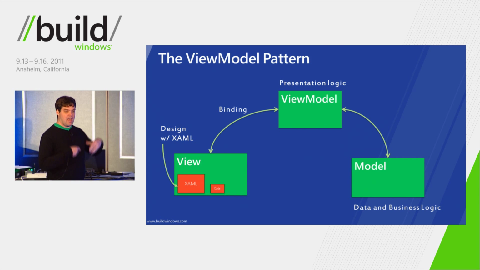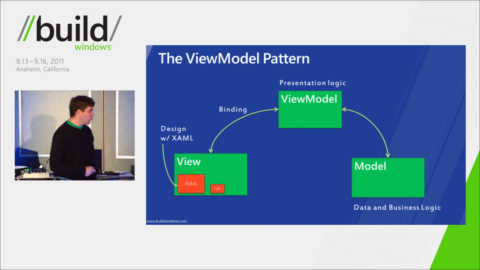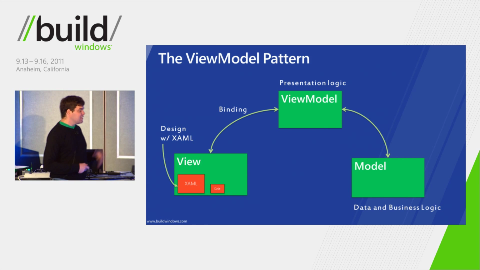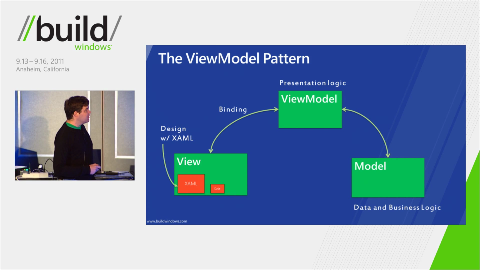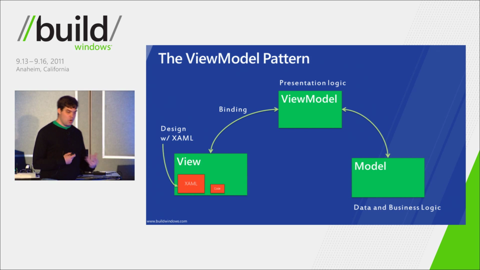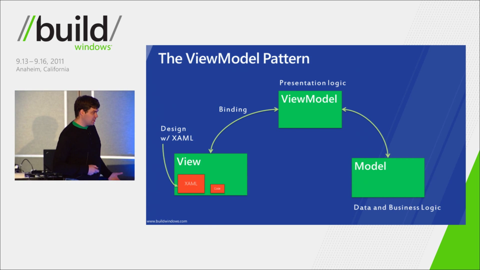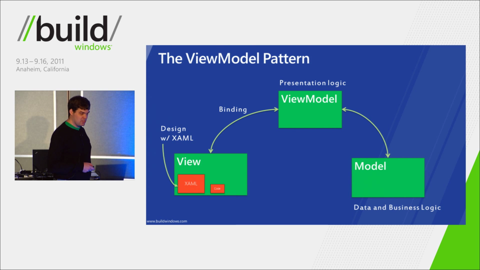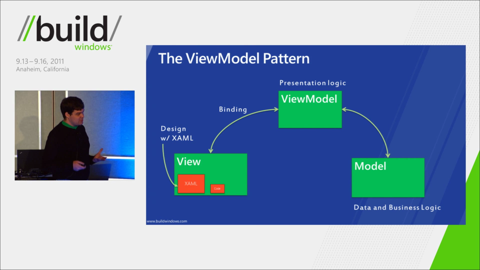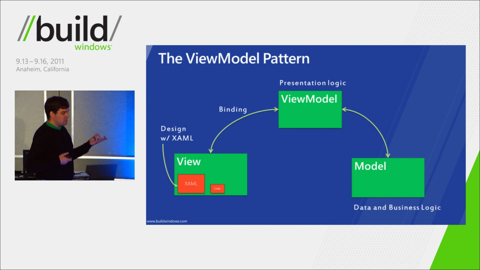But it doesn't say how they'll be displayed, how they'll be styled, or anything. Then you have your view, which is mainly XAML, and it displays those elements. Via data binding, it gets those properties from the view model. And the view model, of course, gets what it should display from your data objects, which are basically your model. This is your data and your business logic, and anything else that's not directly related to a screen that you're showing.